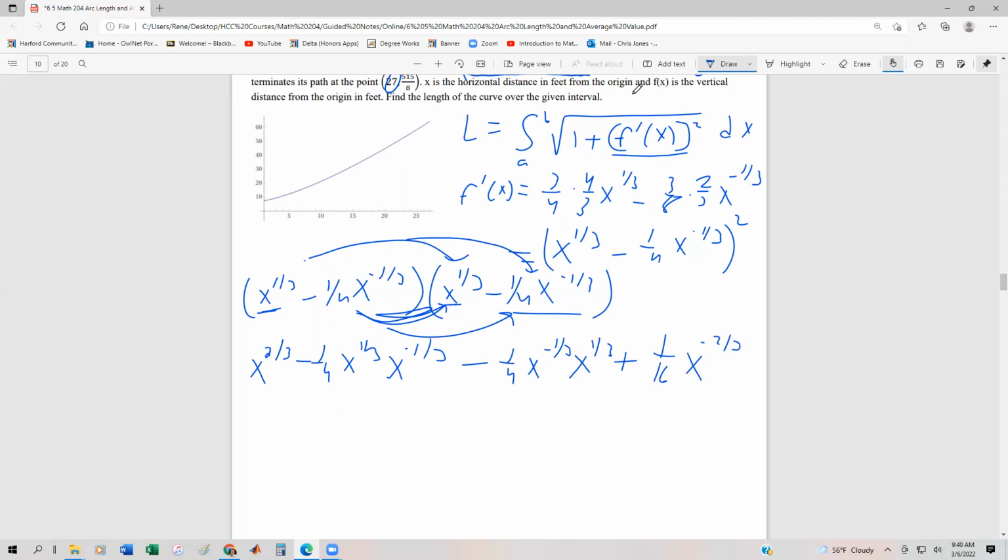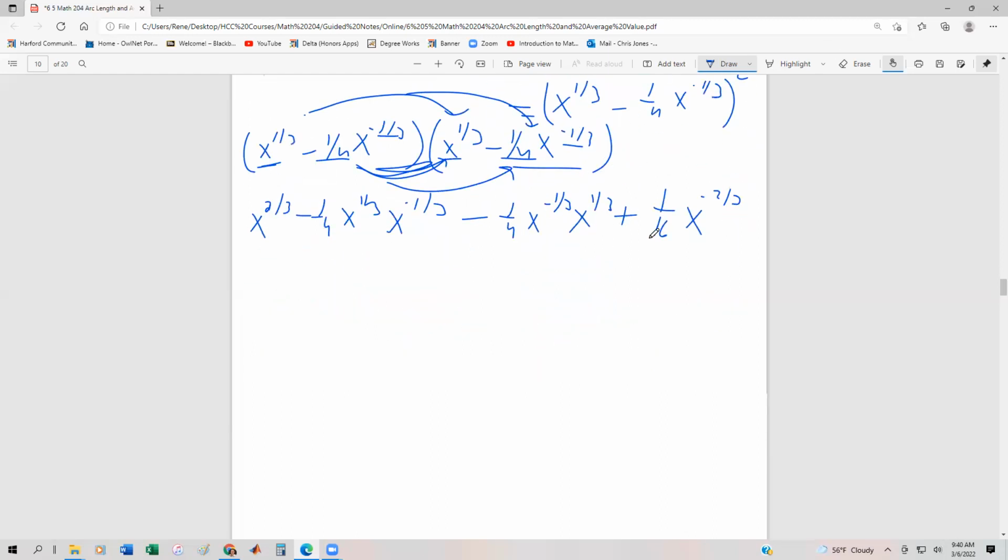Notice what I did was I just multiplied the coefficients and then added the exponents. So don't forget your rules of exponents. This right here is just going to be x to the 0, which is just 1. So those just wipe out, and we're just left with negative 1/4 minus 1/4, which is minus 1/2.